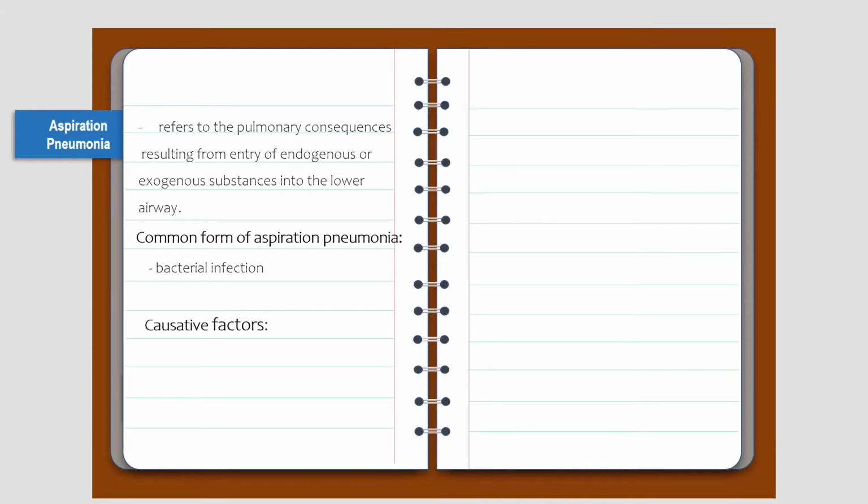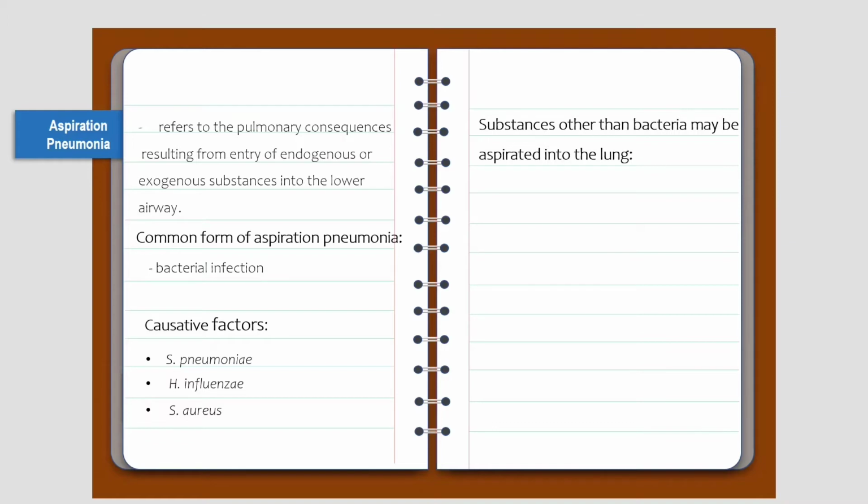Common pathogens include Streptococcus pneumoniae, Haemophilus influenzae, and Staphylococcus aureus. Substances other than bacteria may be aspirated into the lungs, such as gastric contents, exogenous chemical contents, or irritating gases. This type of aspiration or ingestion may impair the lung defenses, and we don't want that to happen because it causes inflammatory changes and leads to bacterial growth, resulting in pneumonia.